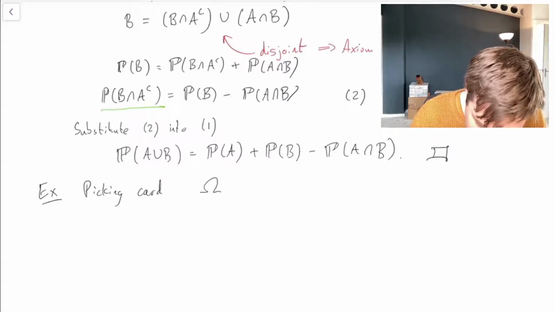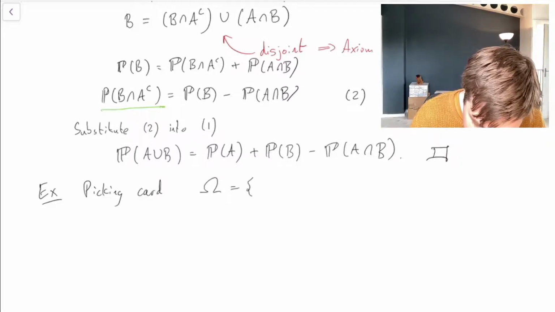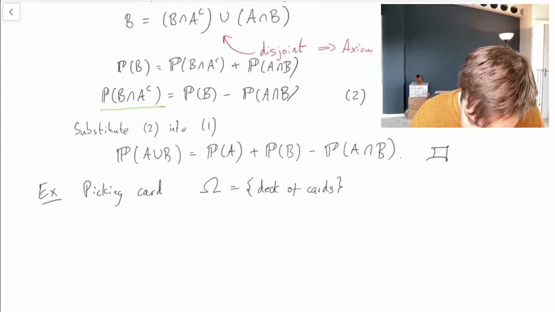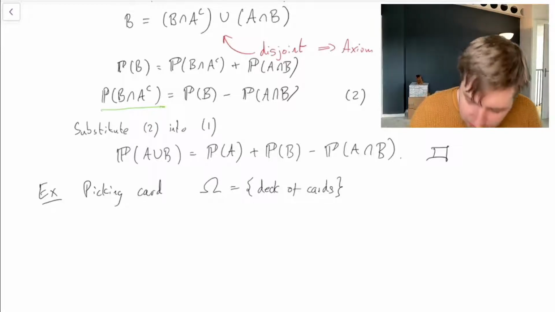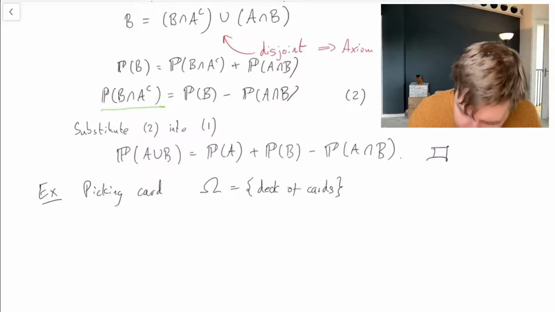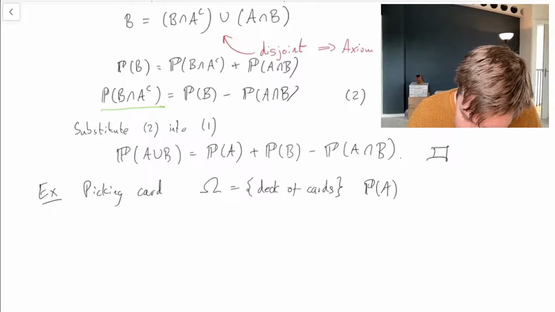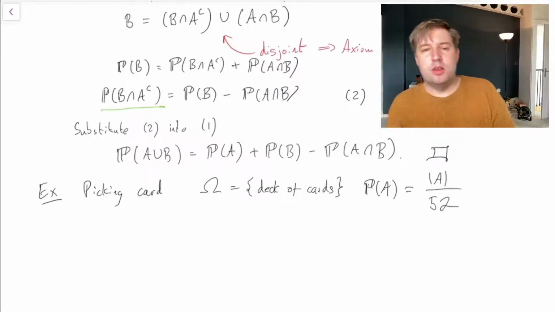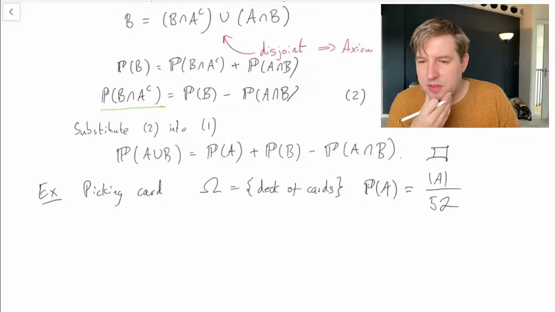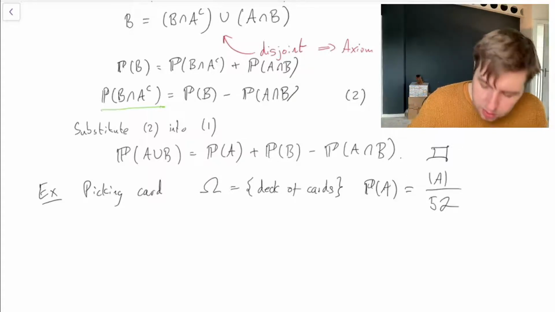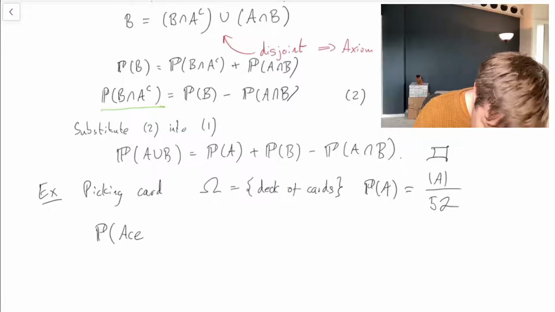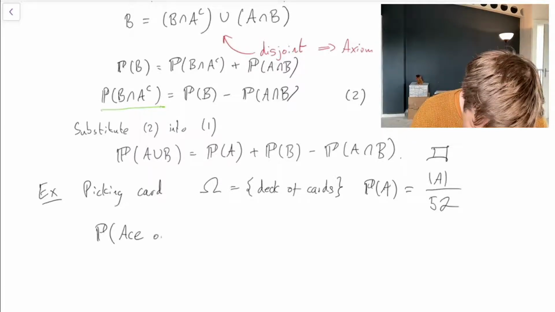So omega is the deck of cards, which has 52 cards in it, and the probability measure here is the classical probability measure. All the cards are equally likely. So the probability of event A is the number of cards in A divided by 52. And we want to know what's the probability the card is an ace or is a spade.